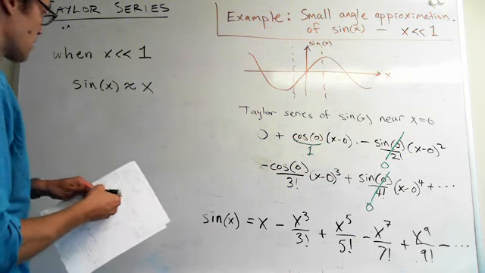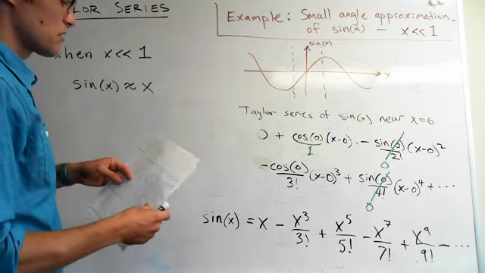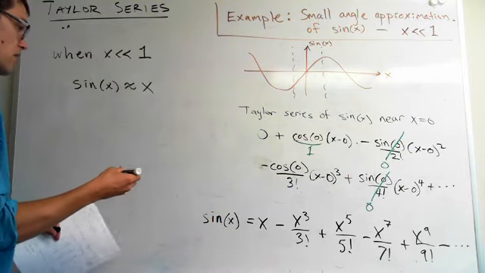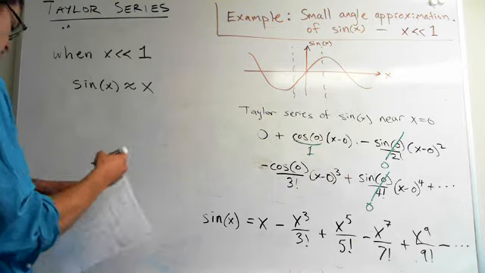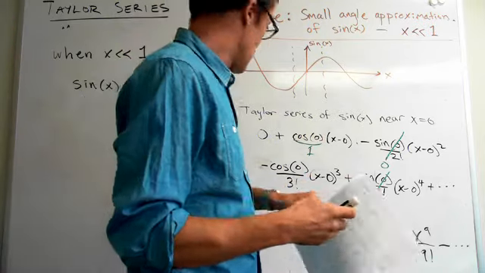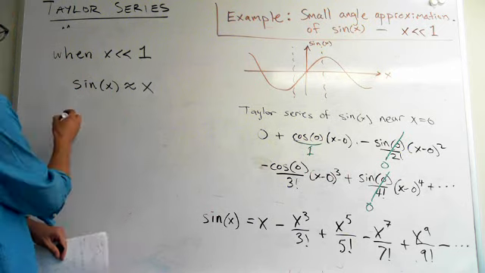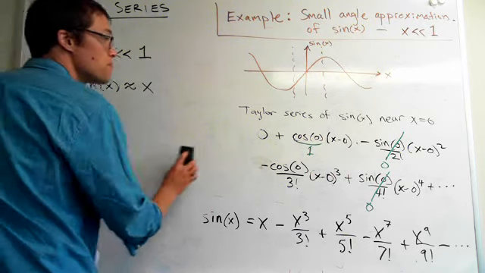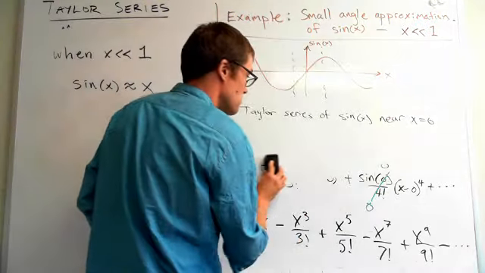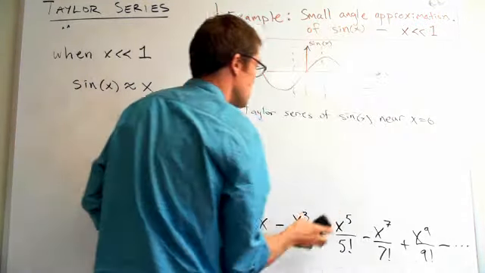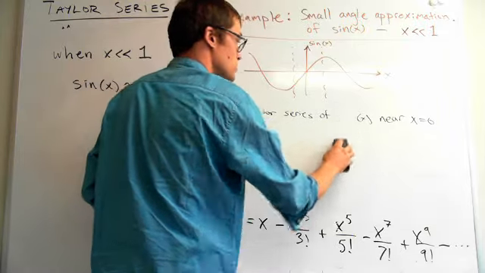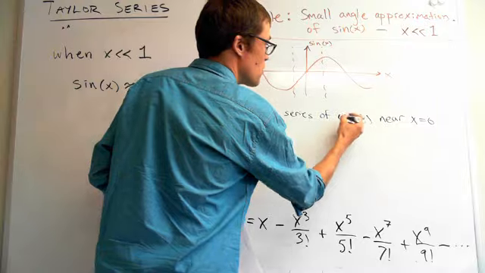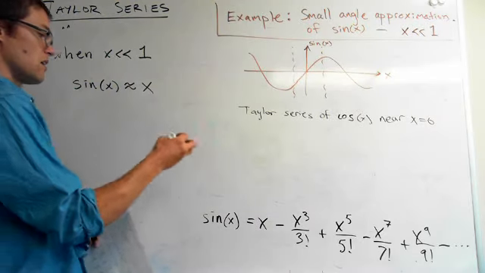And let's see. Similarly, the expansion for cosine is as follows. So the cosine, let's go ahead and write it down here. Taylor series of cosine near x equals 0.